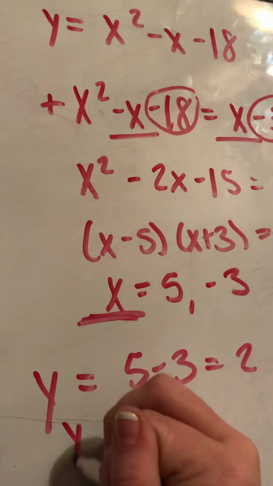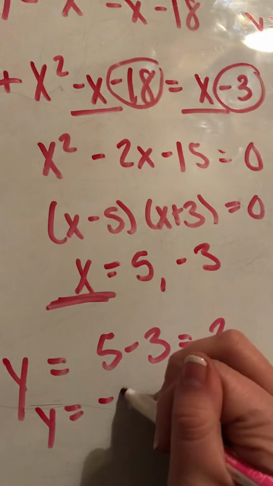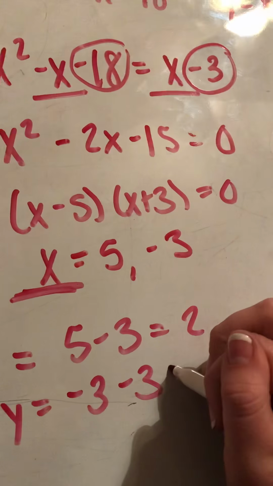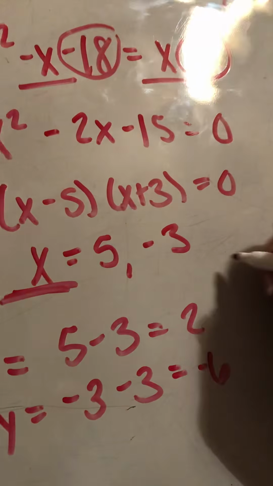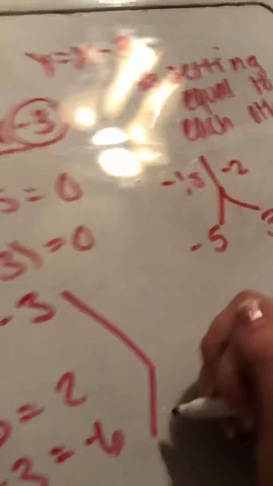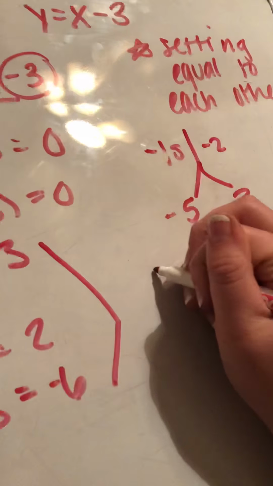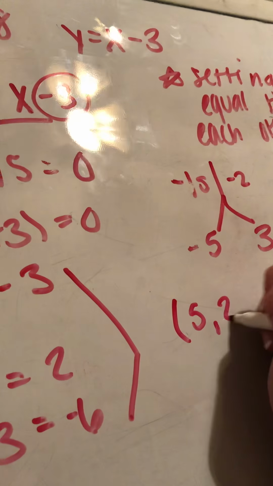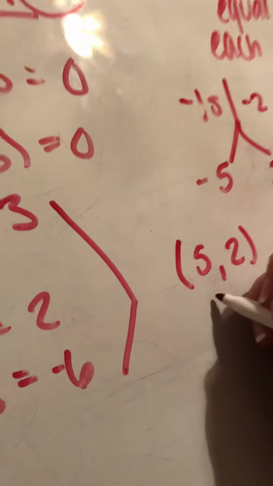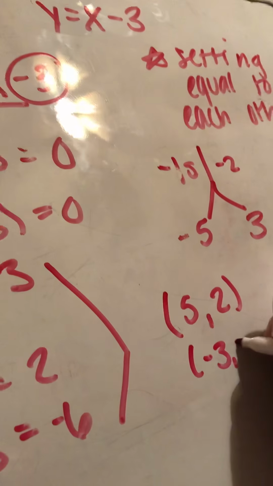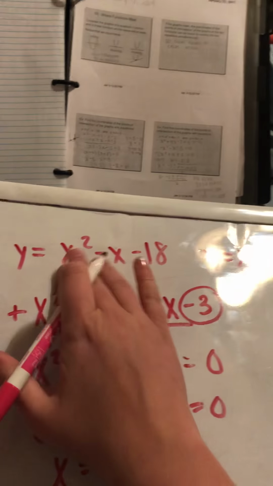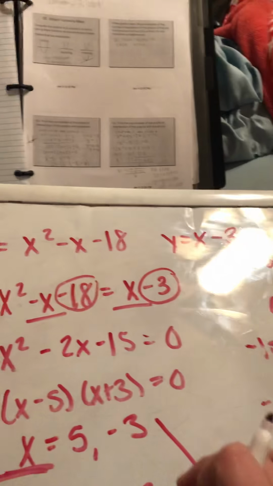And then y equals x number 2, negative 3 minus 3 equals negative 6. And so you're going to take this and get a coordinate of 5, 2, and negative 3, negative 6. So these 2 points are where this line and this line intersect.